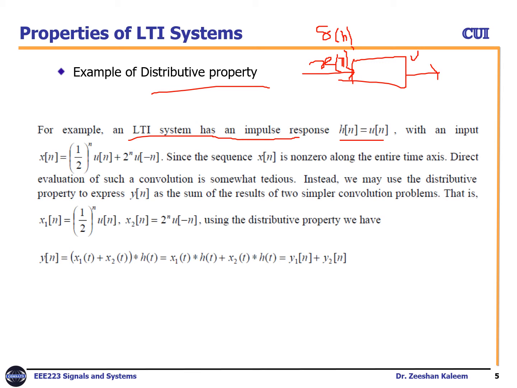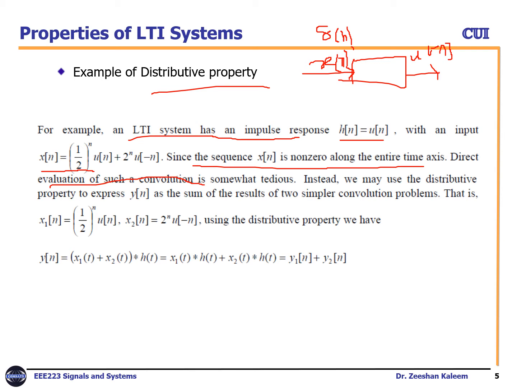So in this case, the impulse response is u[n], whereas the input is x[n] = (1/2)^n u[n] + 2^n u[-n]. Now you can see that the sequence x[n] is non-zero along the entire time axis, so direct evaluation of such a convolution is somewhat tedious.